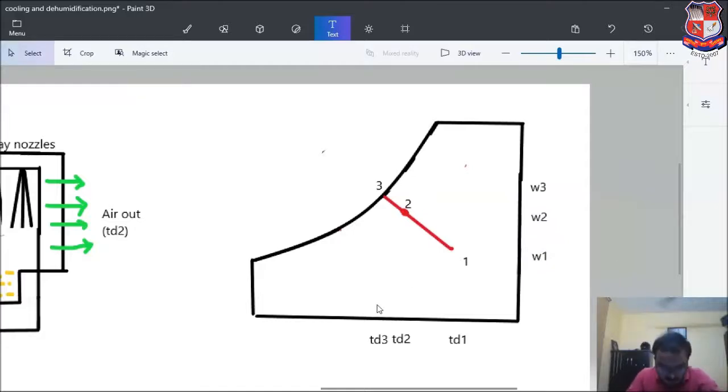Okay, now this is our first case in which we are going from 1 to 2 with keeping the temperature of water spray as the wet bulb temperature. So this is the case that we are having, and this will be our adiabatic saturation.